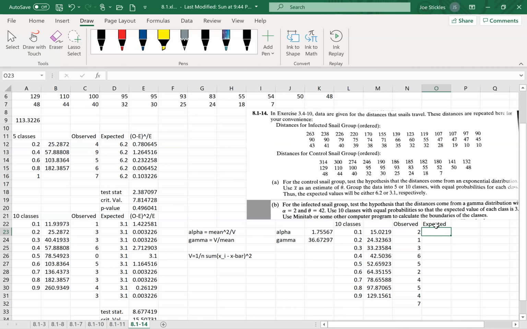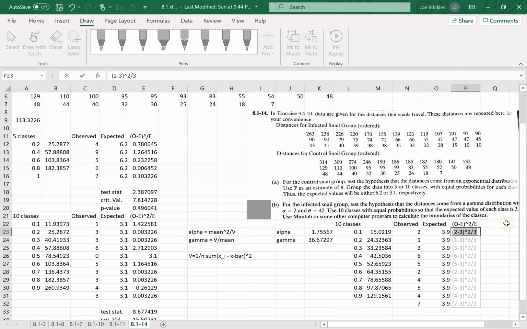Expecteds. Again, we've done probabilities of 10% in each class. There are 39 data values, so this is going to be 3.9. Pull that down. Now do our observed minus expected squared over expected.